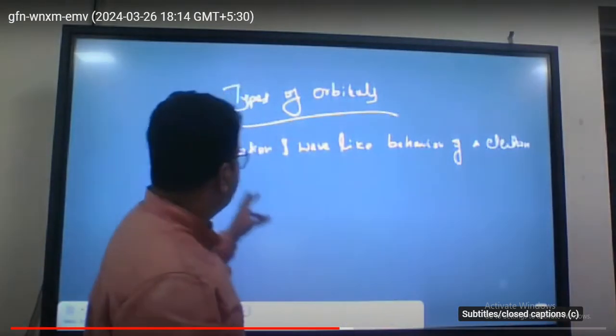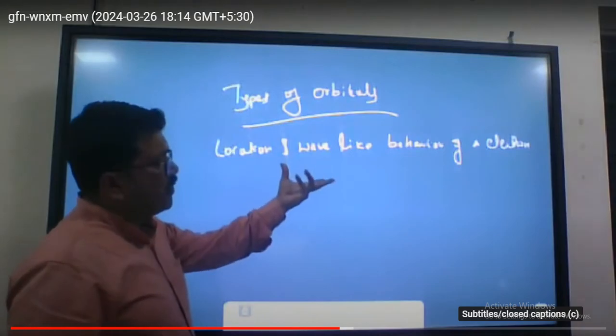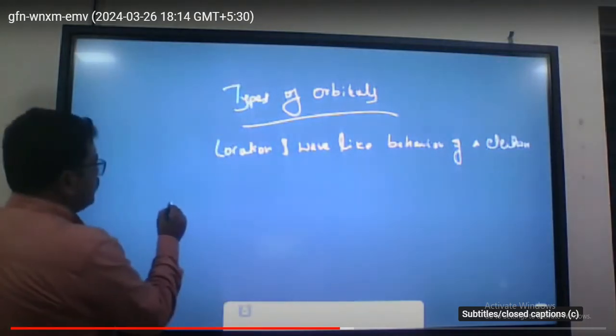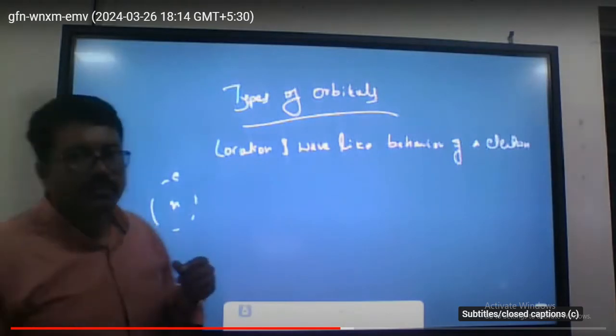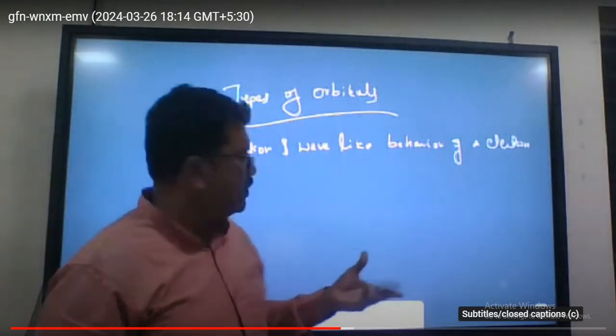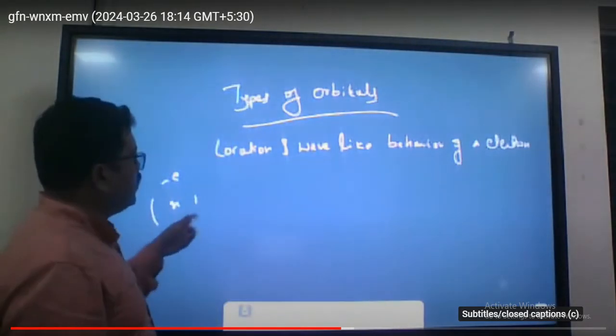So, location and wavelength behavior of electron. An atom has a nucleus, and around it there are electrons. The probability of finding an electron around the nucleus, how many types?